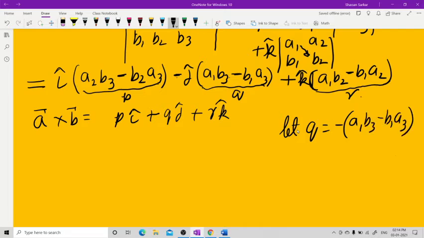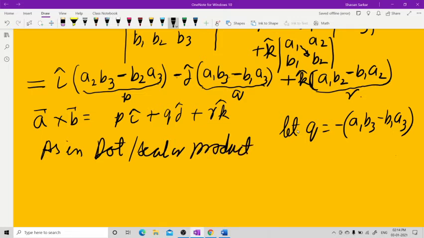I think it will be an easier way to understand this. But remember one thing, as in dot or scalar product, A dot B was the same as B dot A, but let me write it with a different color.